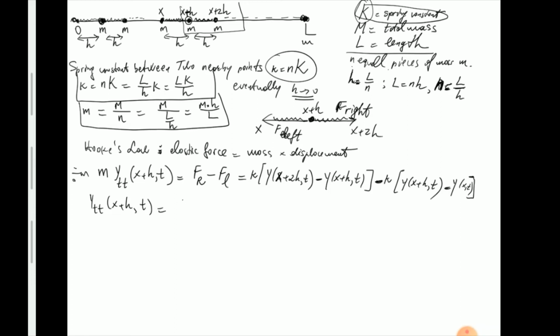So it's going to be little k over little m, and let's keep these two separated. So we have y of x plus 2h, comma t, minus y of x plus h, comma t, minus y of x plus h, t, minus y of x, t.